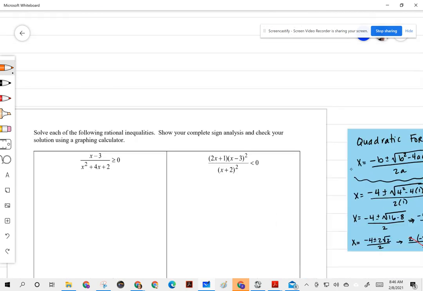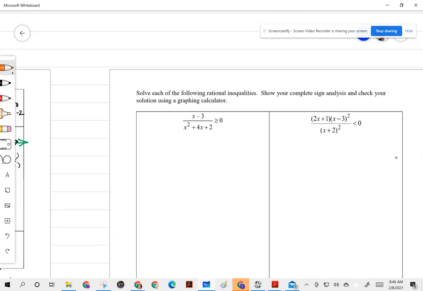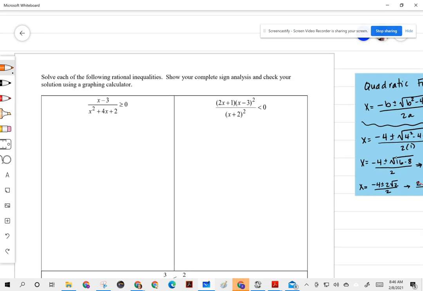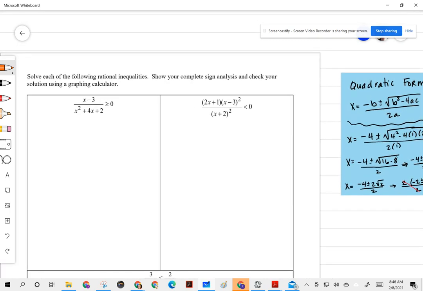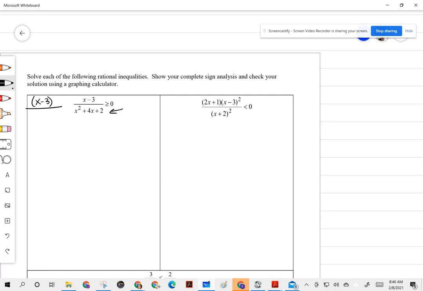All right, so we are almost done here, and then I'm just going to go through and be able to look at this one here. Hopefully you recognized on this one here, take a moment, process that. We need to factor this, right? So I've got x minus 3, but if you notice, I can't factor x squared plus 4x plus 2. So what I'm going to do is, I need to solve it.